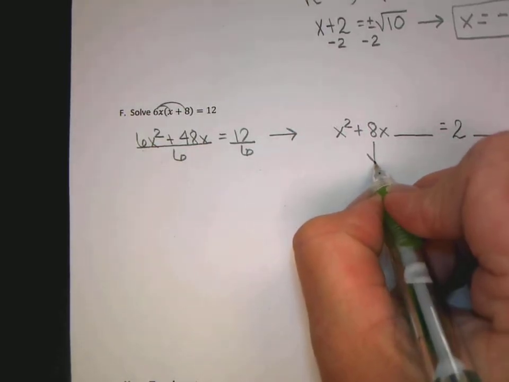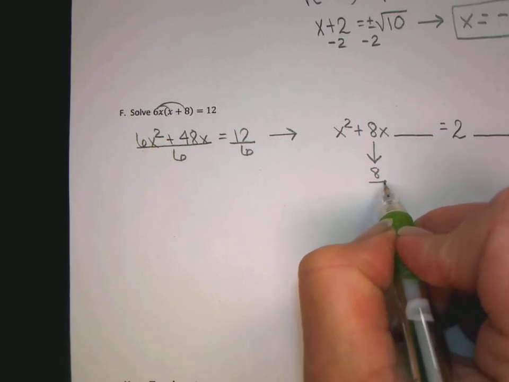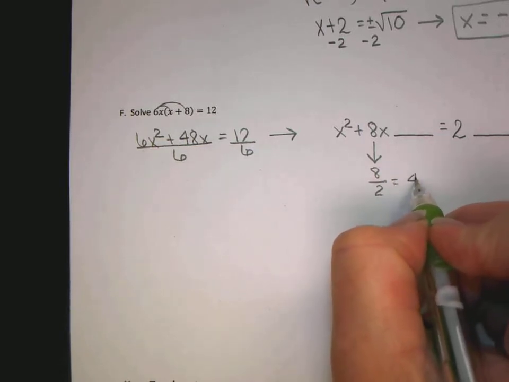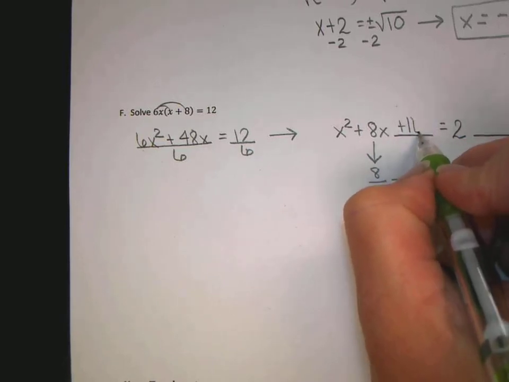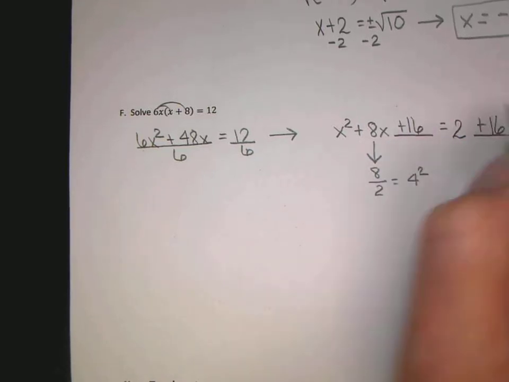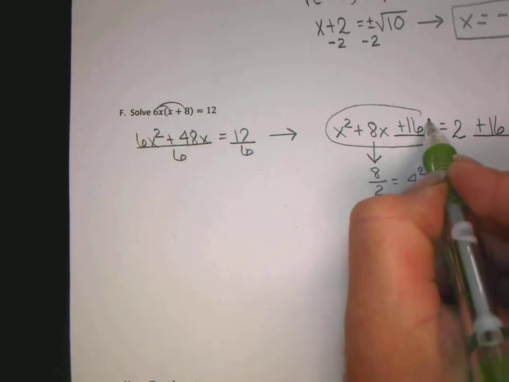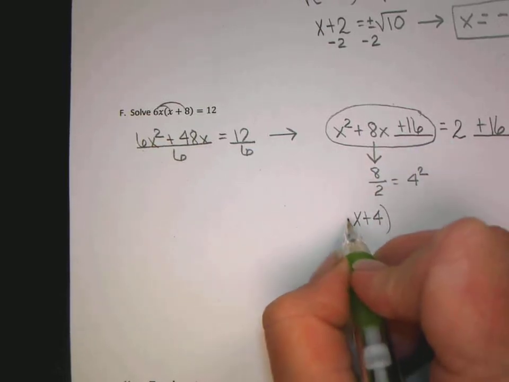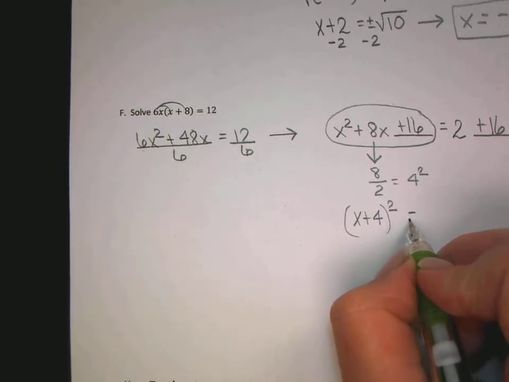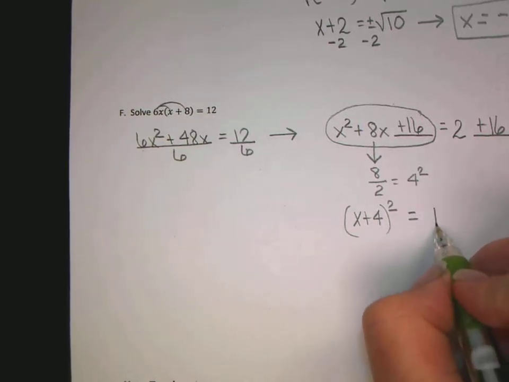Bring down your middle term, 8, divided by 2, which is 4. Square that, which is 16, so positive 16 here and a positive 16 here. We now have a perfect square trinomial here, which will factor to x plus 4, all squared, equals 18.